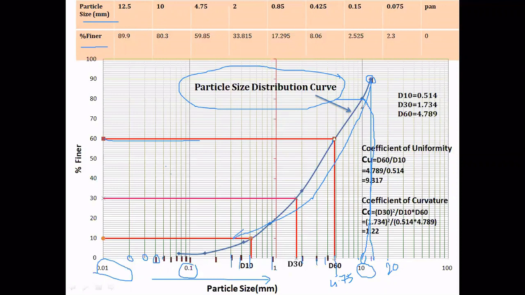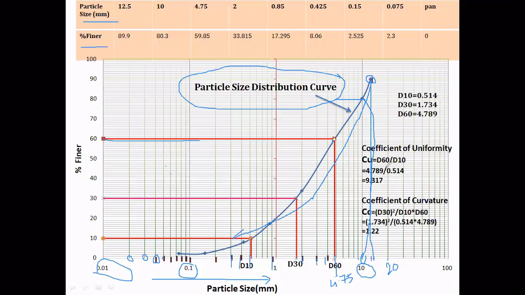Now with the help of this particle size distribution curve, we are going to determine two important parameters, that is coefficient of uniformity, which shows the uniformity of a soil in the complete soil sample, and coefficient of curvature, which is represented as Cc, and it represents the shape of this particle size distribution curve.